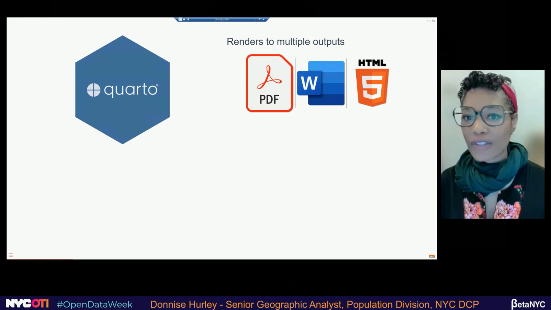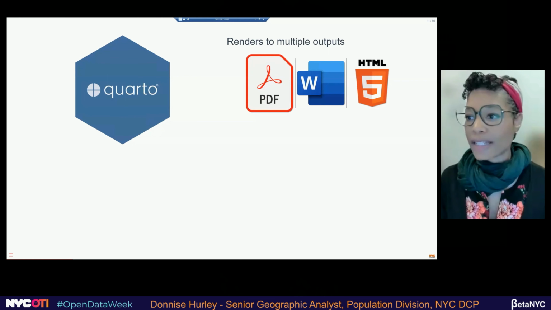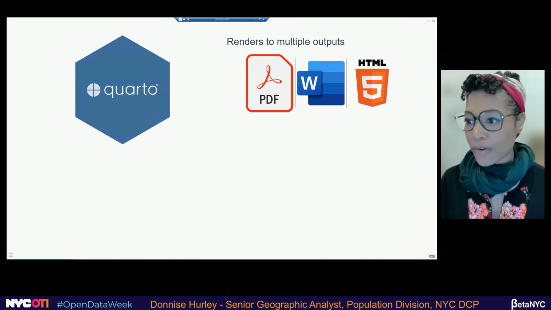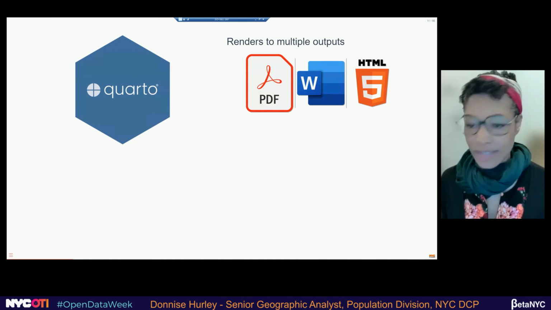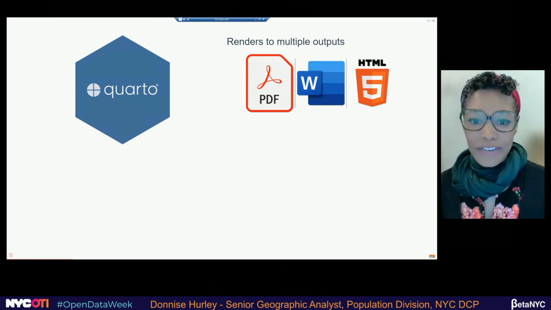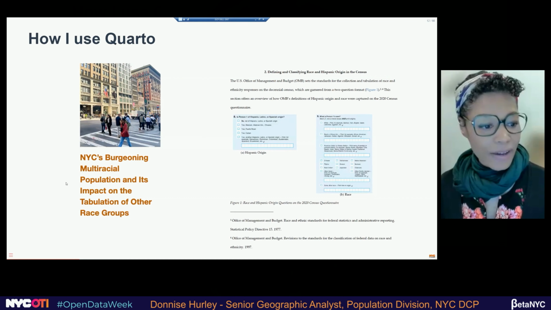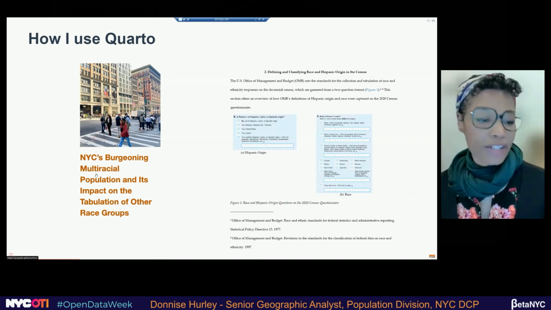So it's great that you don't have to reformat it each time that you want to have a different output. I'll show you how you can do that, and you can create these multiple outputs, and it's really great. So on our website, I have a document that I created using Quarto.